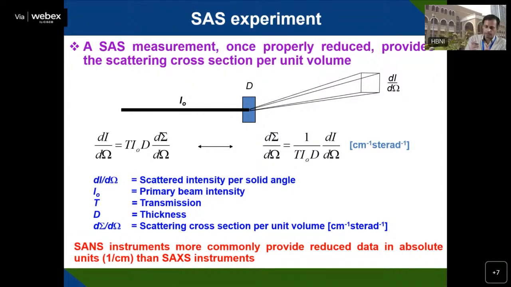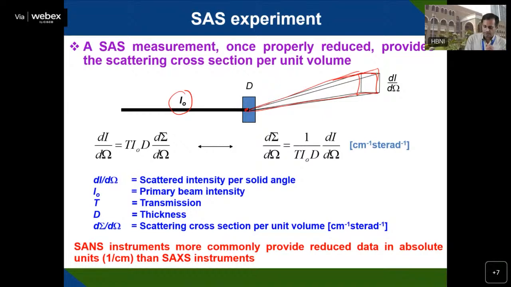In small angle X-ray measurement you have the scattering cross section per unit volume. I0 is the intensity of the initial X-ray or neutron beam falling on the sample surface, which interacts and then scatters. You measure the cross section per unit volume: how much area is interacting and the corresponding scattering per unit volume.